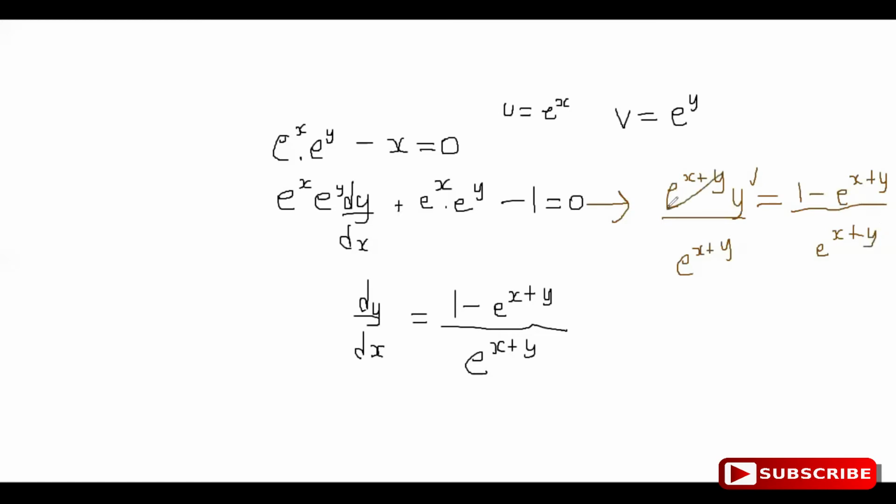So now this cancels this. And so that's how we end up getting dy by dx to be this. Is that more clear? So that's how we got dy by dx to be that.